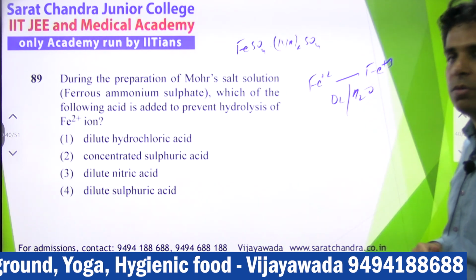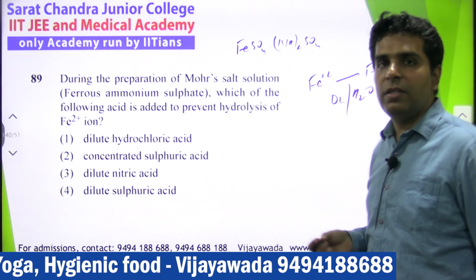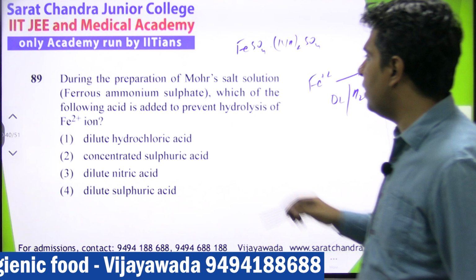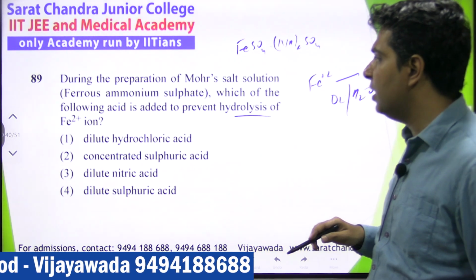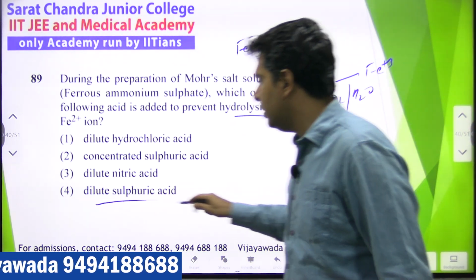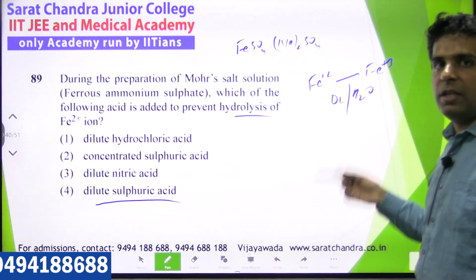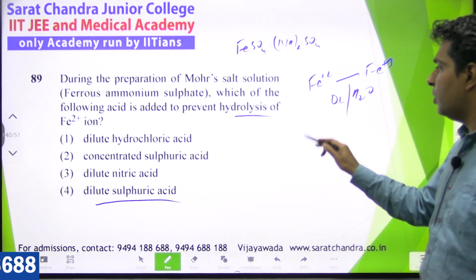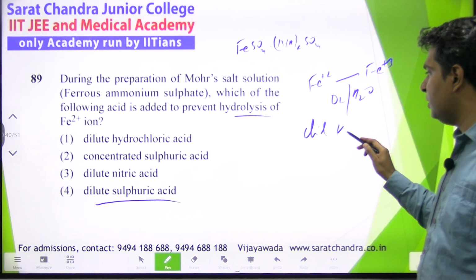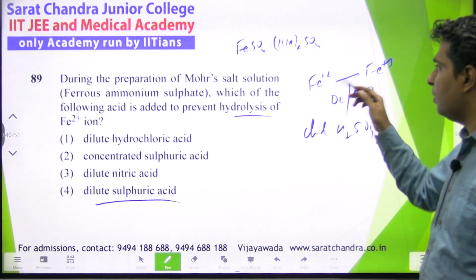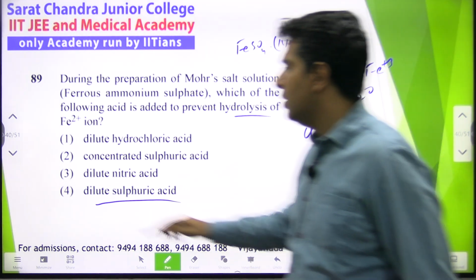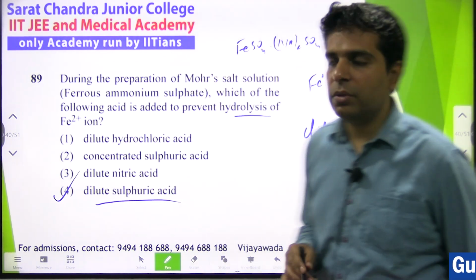To prevent the hydrolysis and oxidation of these ferrous ions, dilute sulfuric acid is added. So that will decrease the pH of the solution. So dilute H2SO4 will decrease the pH and prevent the oxidation and hydrolysis of these ferrous ions. So answer will be fourth option.